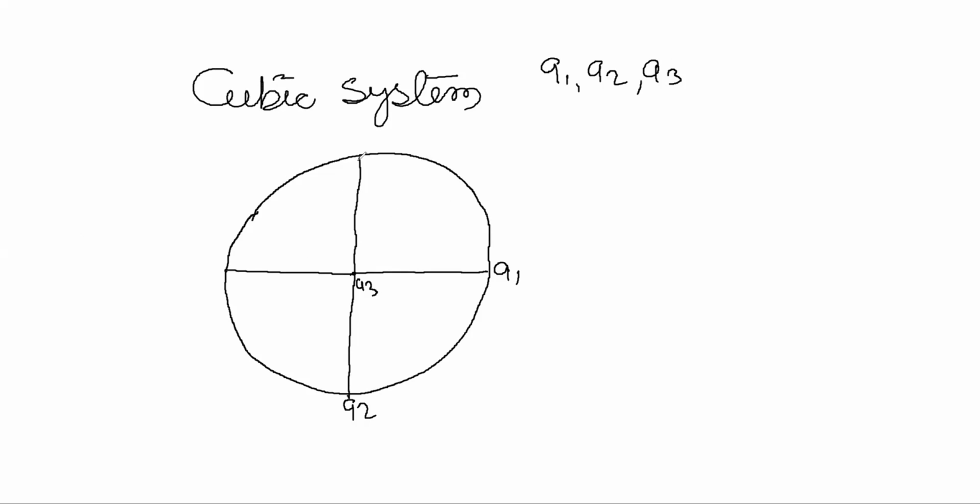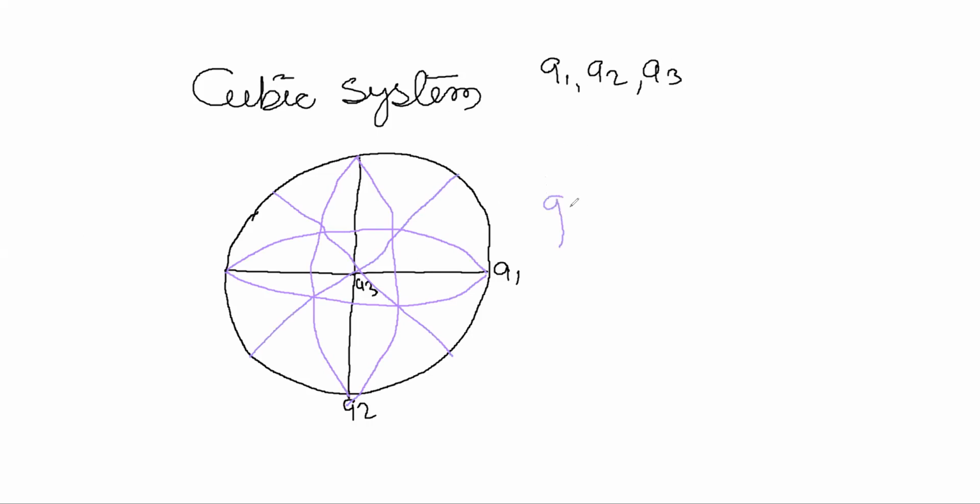cubic system, and diagonals are drawn like this in cubic system. 1, 2, because there are 6 diagonals, so we have to draw 6 diagonals. 3, 4th diagonal, 5th diagonal, and the 6th diagonal. So this is the generalized diagram for cubic system.